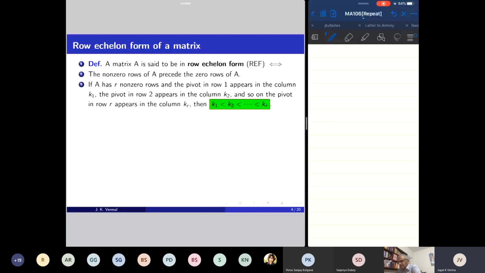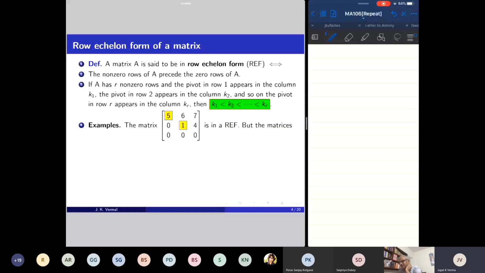So if K1 is the column in which the first pivot occurs, and K2 is the column in which the second pivot occurs, then K1 is less than K2. So the second pivot will be to the right of the first pivot, the third pivot to the right of the second pivot, and so on. So this is the condition that K1 is less than K2 is less than Kr.